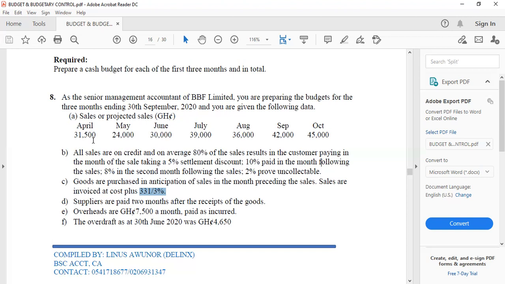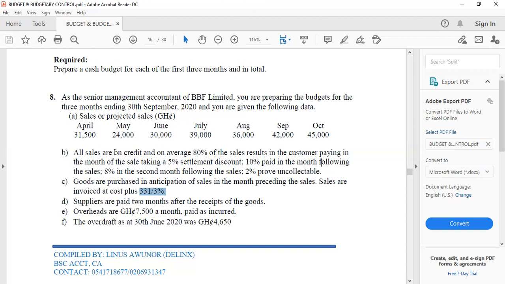April. No, March. It will be paid in March. February's goods will be received in January, isn't it? So from January, it will be March. Yes. Are you okay now?